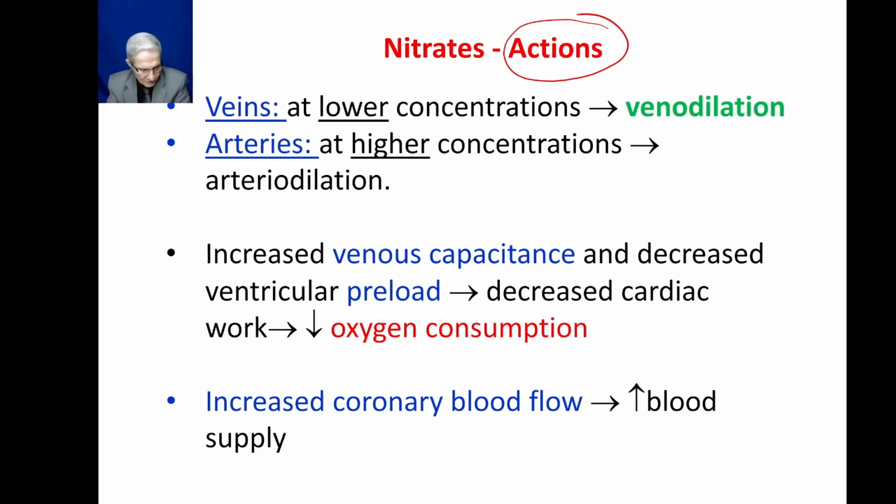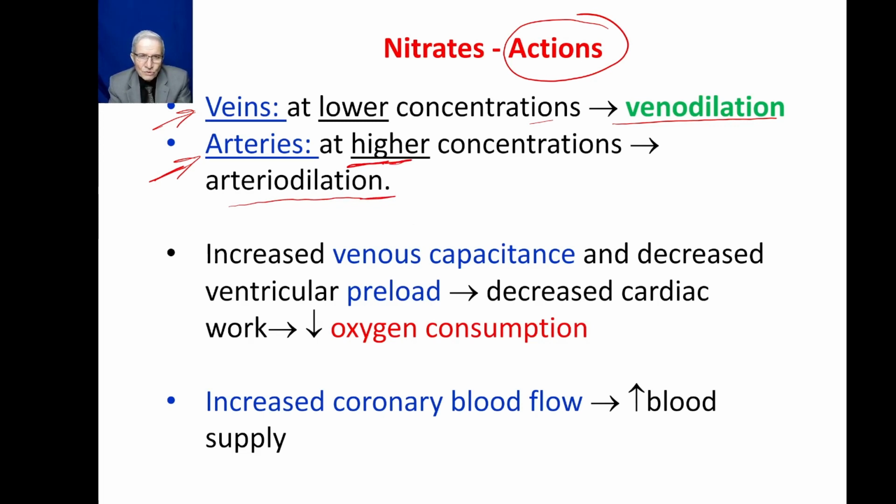On the level of veins, with a lower concentration of the medication, a lower dose of nitrate, the result will be venodilation. On the artery level, if you need the effect to appear at artery level, we need higher doses, a higher concentration, and this will lead to arterial dilation.